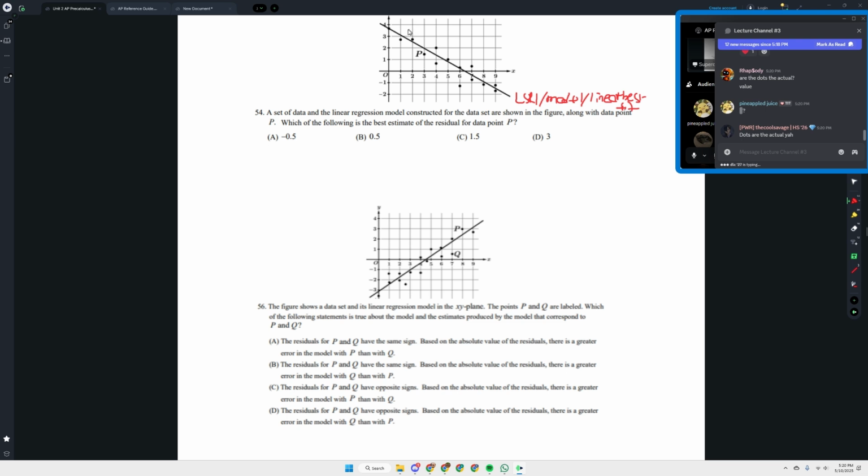If you ever take stats, you'll learn way more in depth about how regression lines are made, but it's pre-calc, so we won't go in depth into that. Give like 30 more seconds.